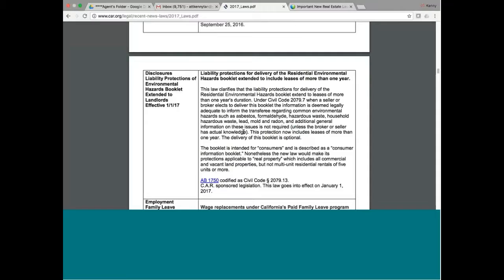I think the only possible protection is if the lawsuit is based on your negligence in failing to advise the buyer to do a mold inspection. Now, if the lawsuit is, let's say, for example, you represent a buyer, and somehow after the escrow closed, mold began to grow. However, mold was not visible. In other words, mold could not be seen, but mold was hidden behind the wall.